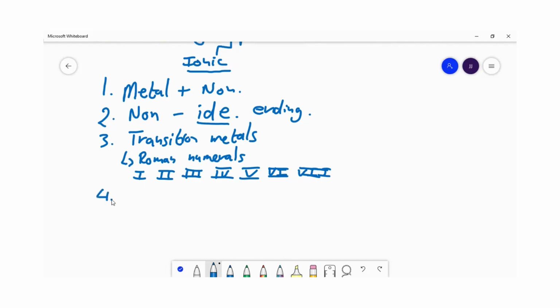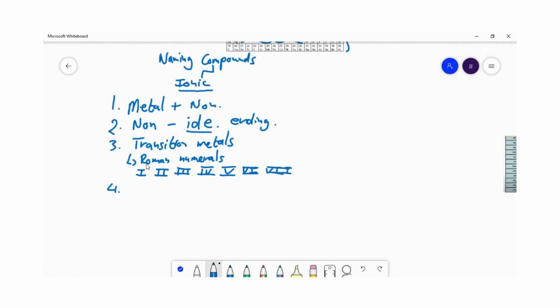Right, the next rule for naming ionic compounds is also referring to the Greek and Latin nomenclature, and that is the use of the endings IC and OUS.